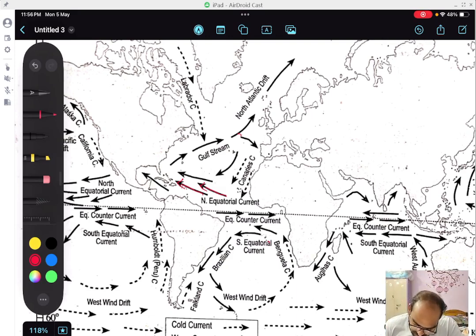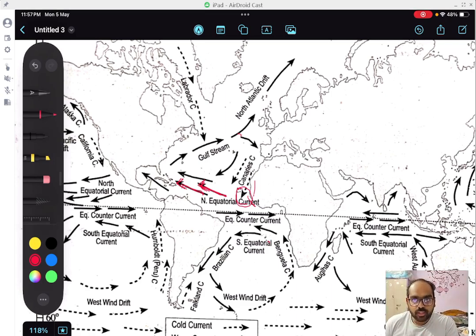Near the northwestern coast of Africa, the north equatorial current is generated. Why is the north equatorial current generated? Here the temperature will be more. In this region the temperature will be more, so the water expands and moves towards Mexico. So this water is called the north equatorial current.